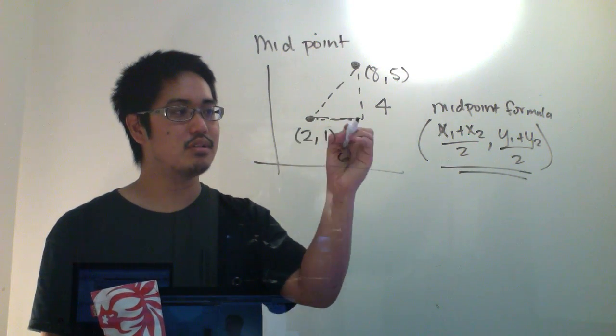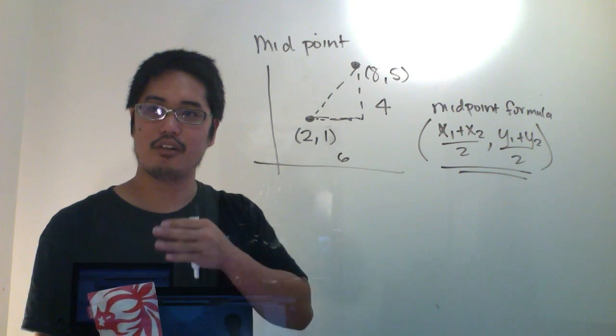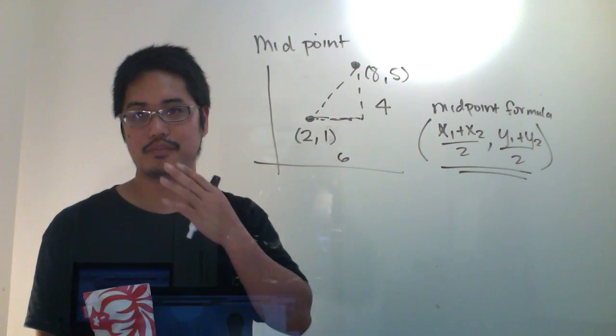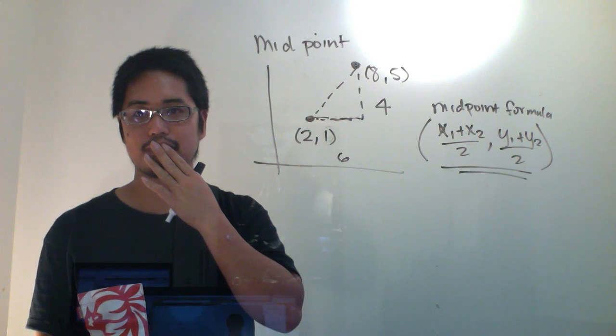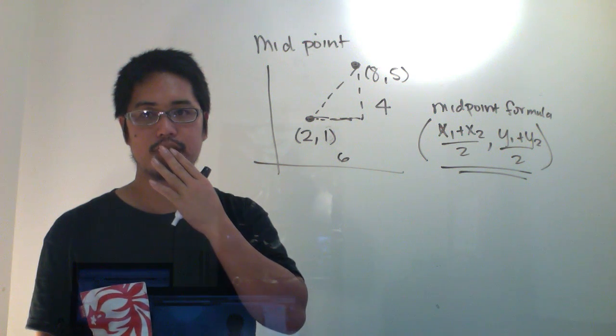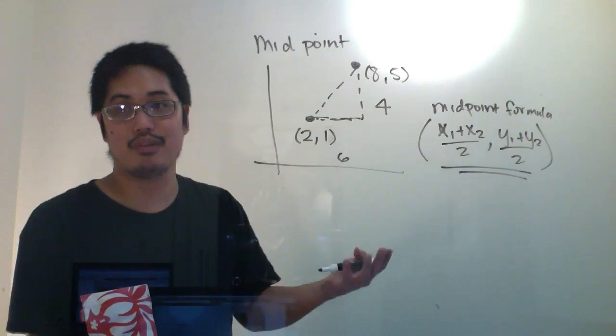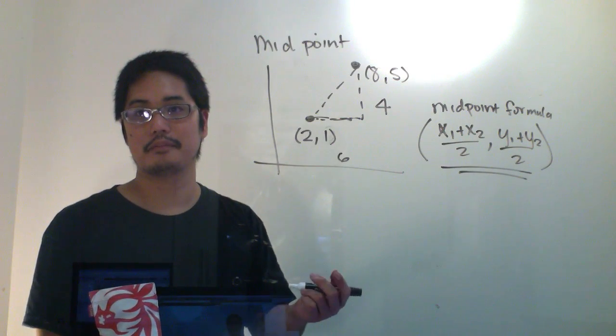The distance between 2 and 8 is 6, so I want halfway in between there. How far away from the 2 do I have to go? If the length is 6 all the way across, I only have to go 3, because that's halfway. You guys see that?